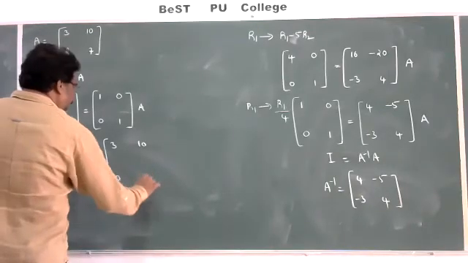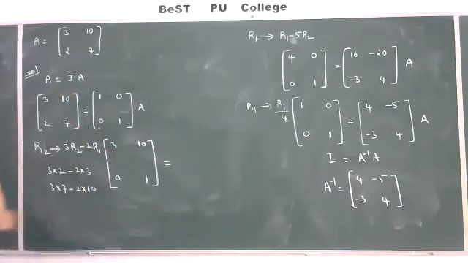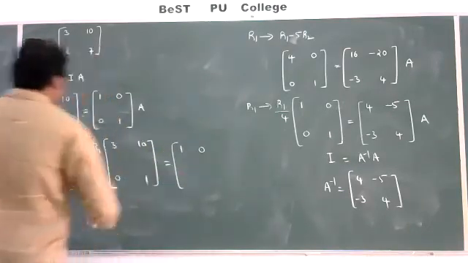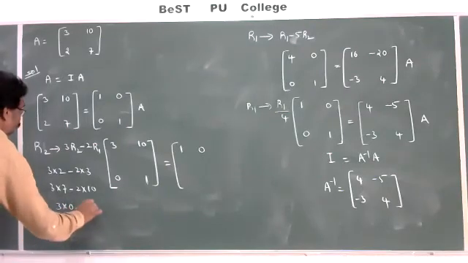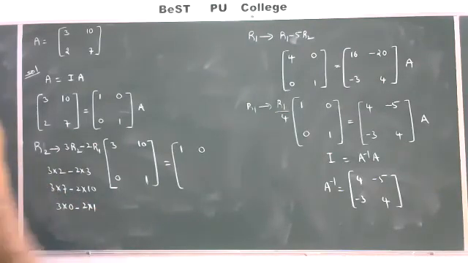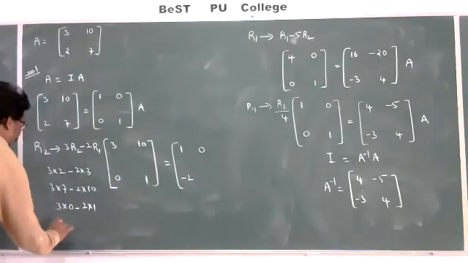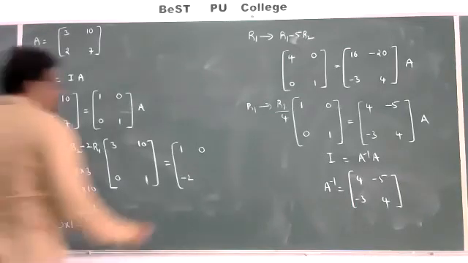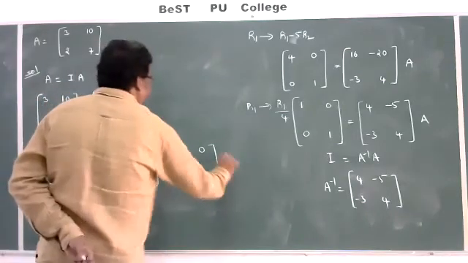That is 1 is equal to, here R1 is same, 1, 0. So 3 into 0 minus 2 into 1, 0 minus 2, you get minus 2 here. And 3 into 1 minus 2 into 0, 3 minus 0, that is 3 here, into A.